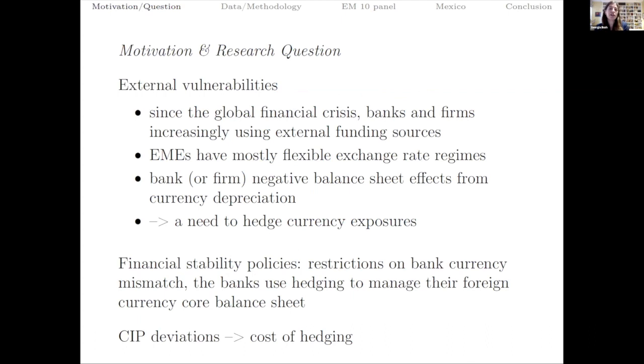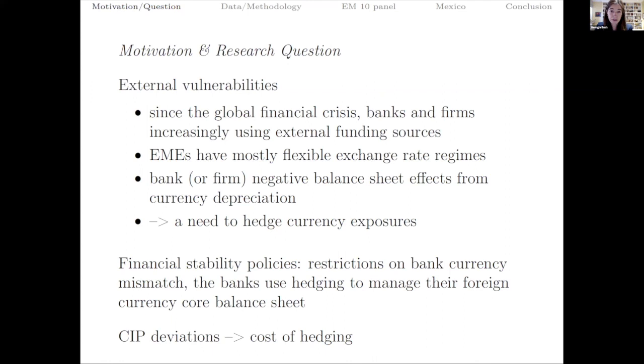Okay, so first the motivation and the research question. As Eric mentioned, it was a year ago when we were drafting these papers, and the motivation was external vulnerabilities, and as you said, this is as important as ever. Since the global financial crisis, we know across many metrics that banks and firms are increasingly using external funding sources.